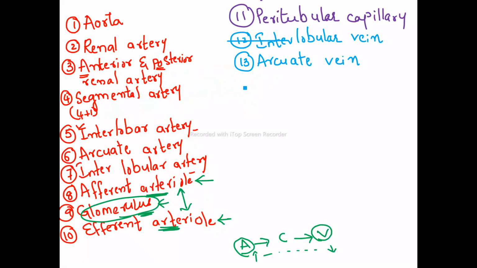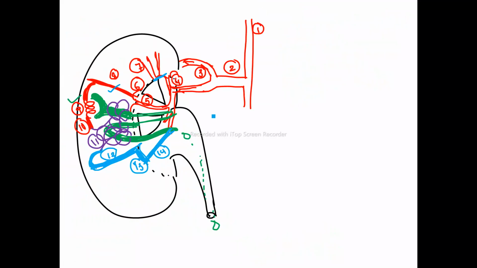Okay, so the blood vessel number 14 is interlobar vein. Now this interlobar vein, and many other interlobar veins, will fuse together, eventually forming, yes, your renal vein.